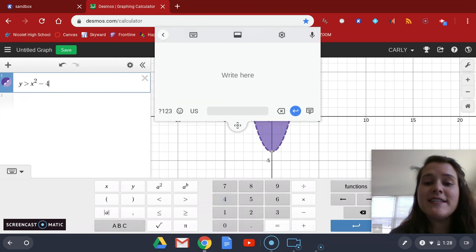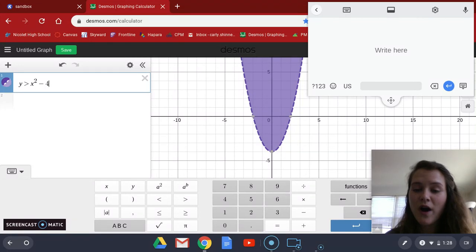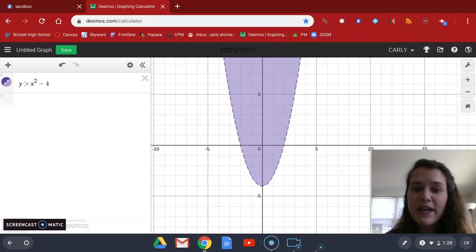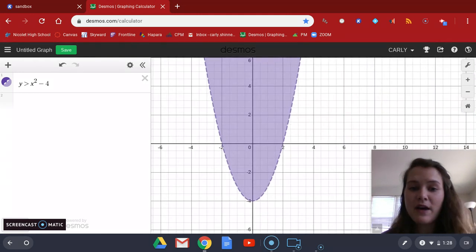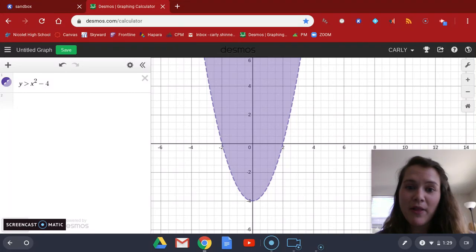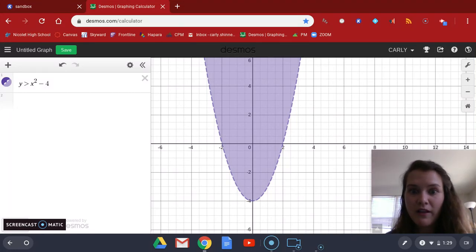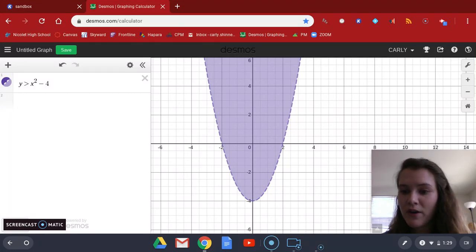So I can type that exact thing into Desmos, and sure enough, I get a parabola. The boundary is dashed. We are not including the parabola itself. And sure enough, it is shaded above inside the parabola. It kind of looks like a glass of purple grape juice.